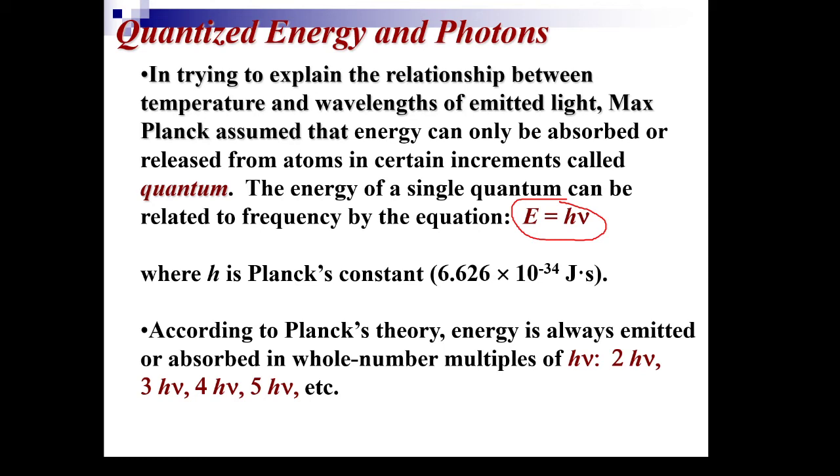If it takes 1,000 joules to get up one step, and I want to walk up a flight of 10 steps, I've got to put in 10,000 joules of energy. 1,000 each step. If I don't, I'll never reach the top. And that's what Planck's constant is saying. If you want to move from level 1 to level 2, you've got to put in the same amount of energy.